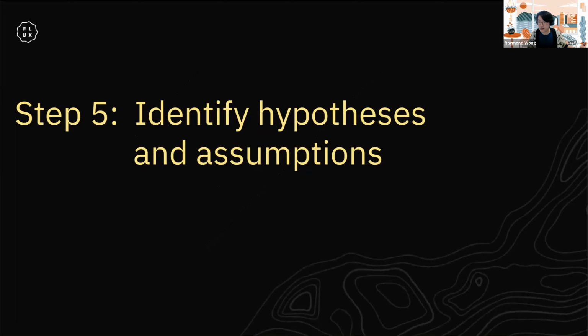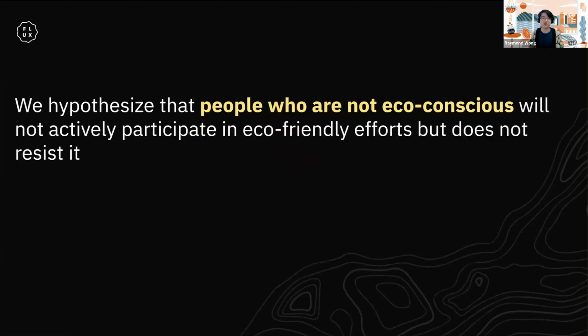For example, in biological science, you might hypothesize that caffeine would reduce the risk of cardiac diseases. That's a hypothesis because you don't really know if that's true or not. You want to set out to test it. So how does that translate into the UX world, of solving user problems, solving human problems? Now, this is one of the example hypotheses.